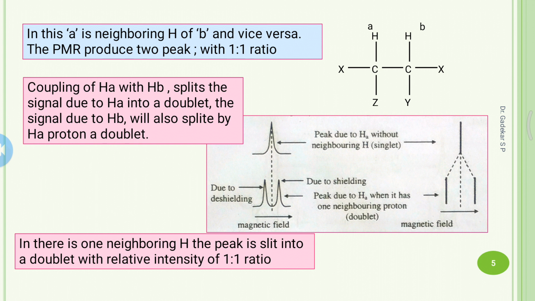If they are anti-parallel, due to shielding, the peak is observed at upfield. So two peaks are observed in the spectrum, one from de-shielding and another from shielding. So with one neighboring proton, the peak is split into a doublet with a relative intensity of 1:1.